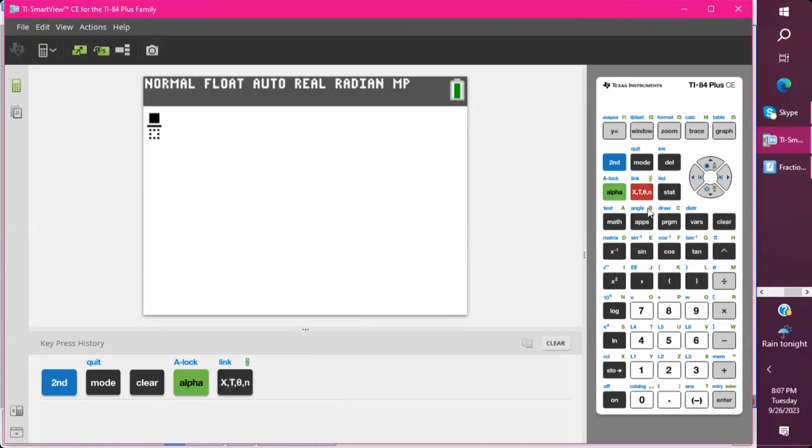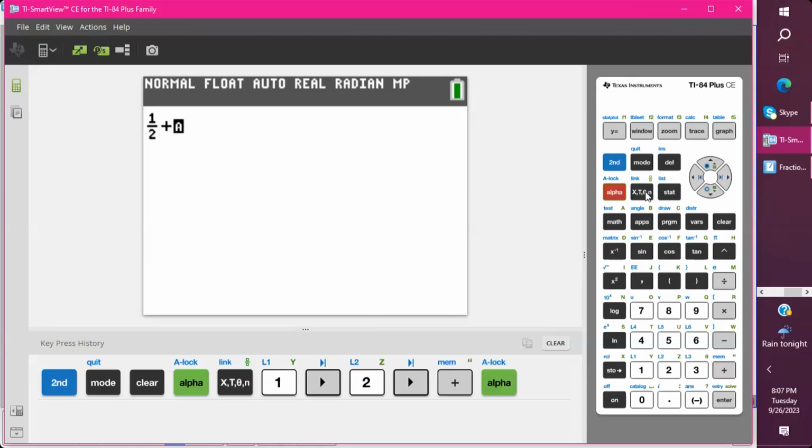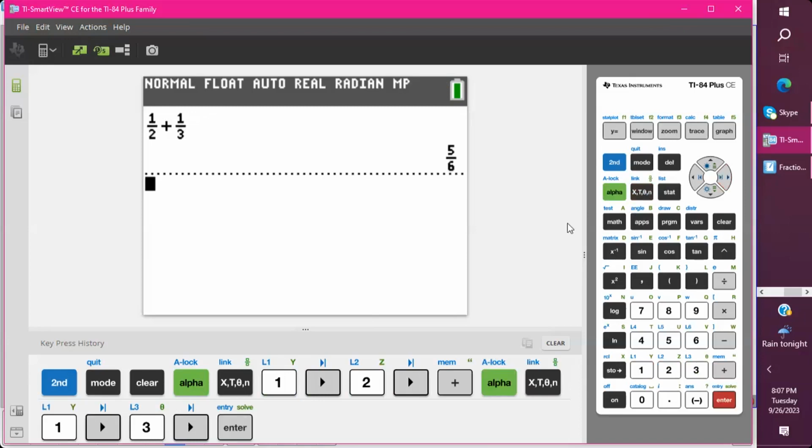And again, so many times with the calculator, there's more than one way to get to something. So I'm simply going to type in my first problem that I had, which was the fraction of 1/2 added to the fraction. And again, to get the fraction, alpha x, and then I have my 1 over 3, get outside of my fraction. Okay, and I'm just going to hit enter, and I find that I have a sum of 5/6.